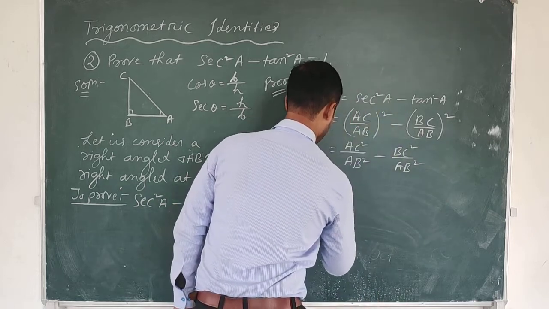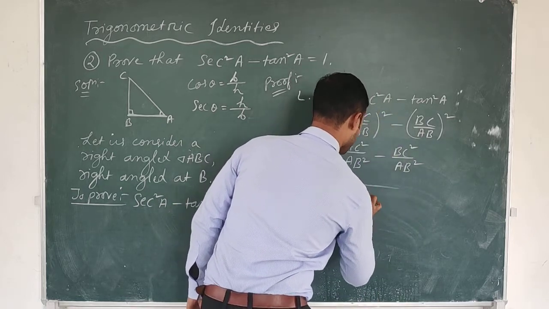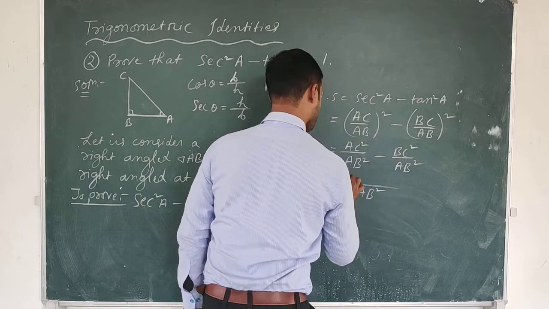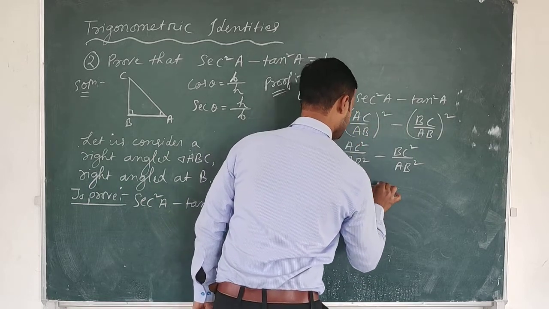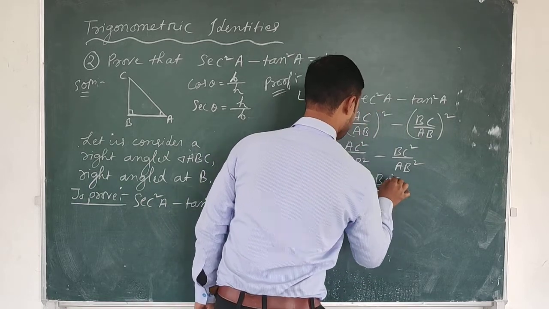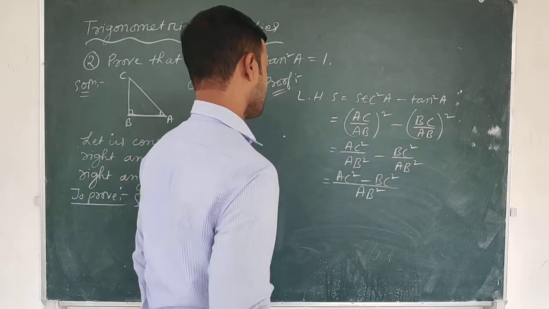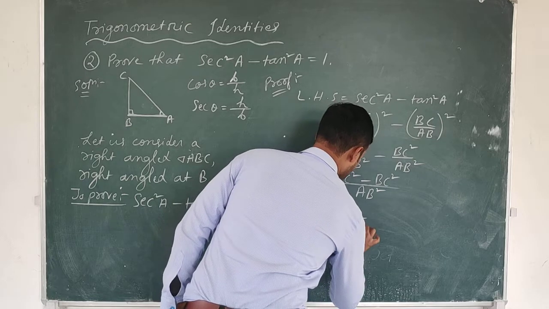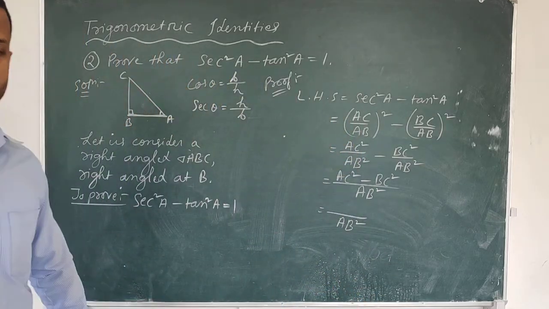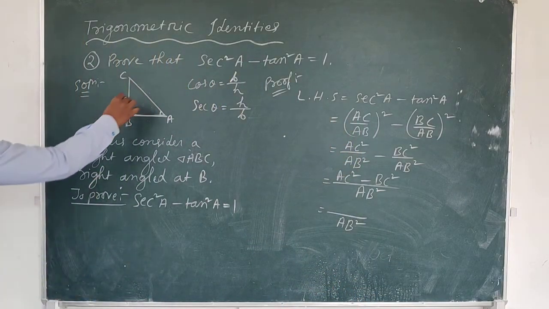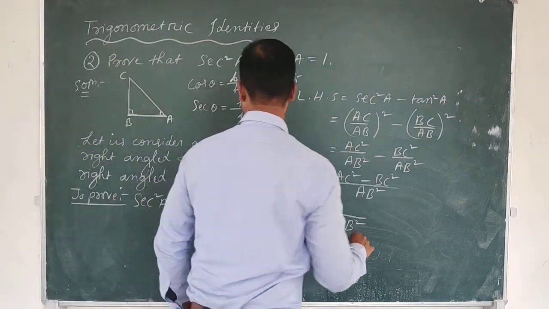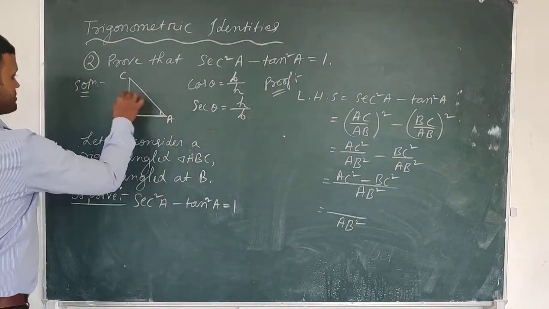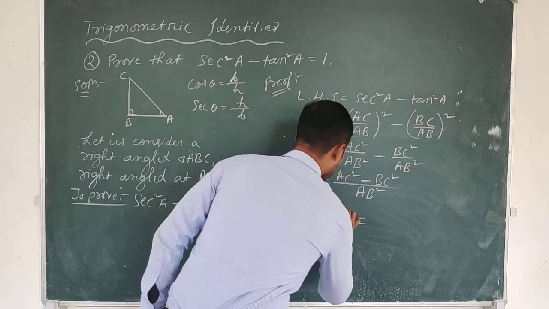Now AB square and AB square, we will take LCM. It will become AC square minus BC square by AB square. AC square minus BC square, students, will become AB square.